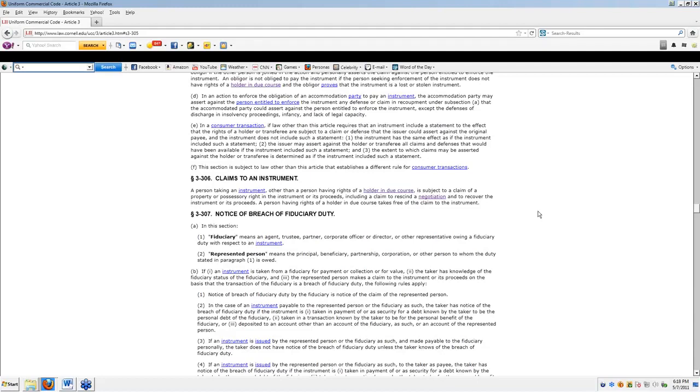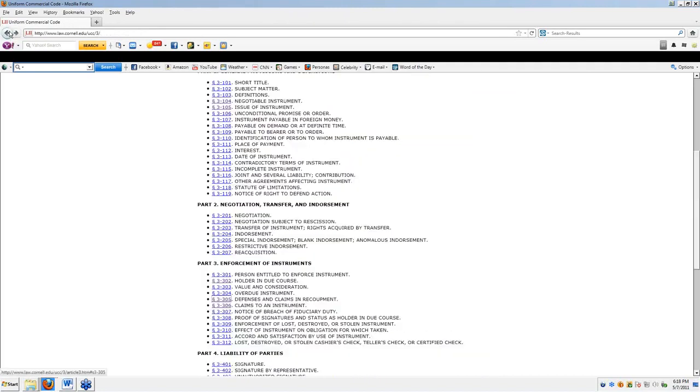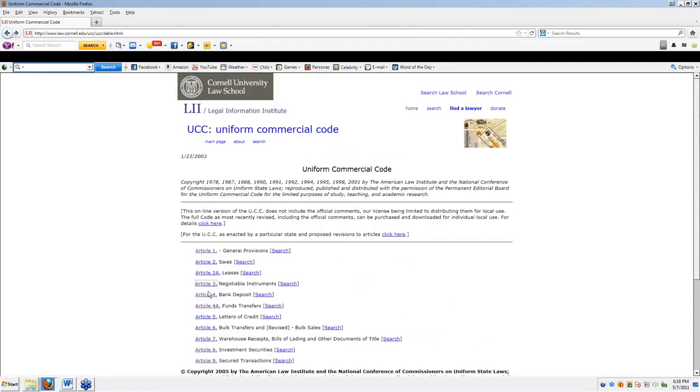A person having rights of a holder in due course takes free of the claim. So you have a possessory right, and the reason you have a possessory right is because this goes back to 4-102.